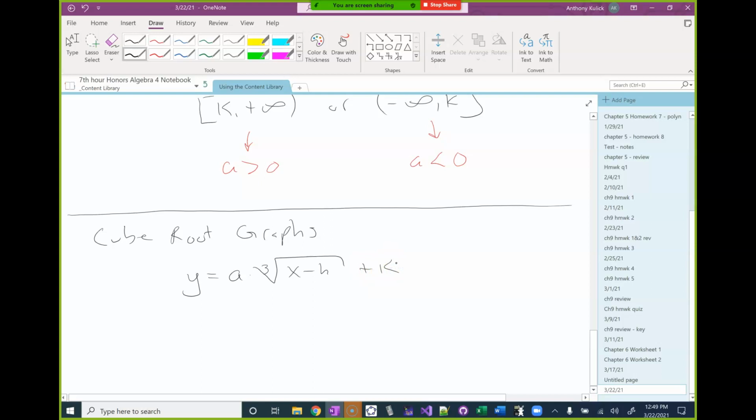Once again, the goal is to pick x's so that the y's are rational numbers. So I don't want any cube roots in my y values. Everybody's okay there?